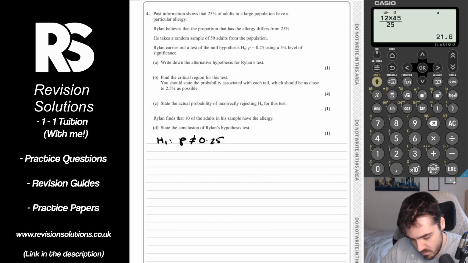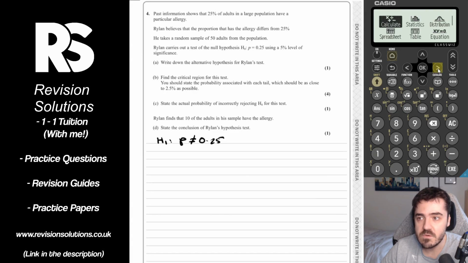So what I would do here is I would go to my distribution function in my calculator, and to find critical regions, it's quite nice to use the list function. You can type in lots of values and get multiple calculations done for you at the same time. So let's type in a few values to try and get the lower tail.